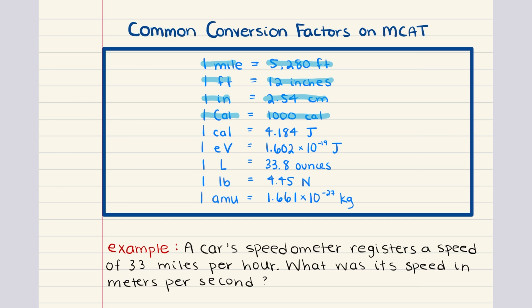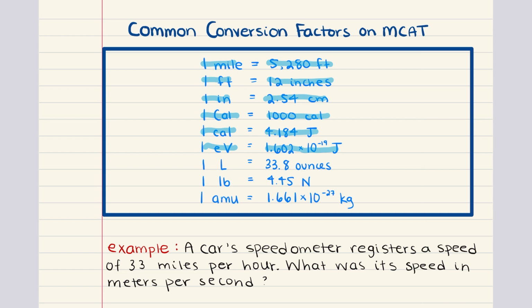1 calorie, lowercase c, equals 4.184 joules. This conversion is really important in thermodynamics and chemistry, where energy is often measured in joules. 1 electron volt is equal to 1.602 times 10 to the minus 19 joules.